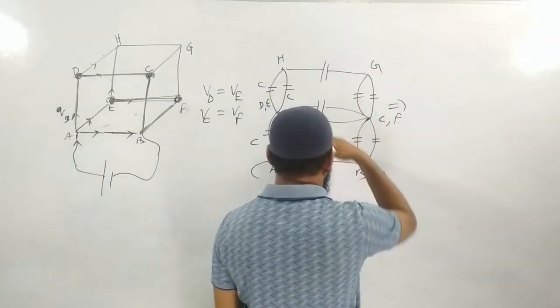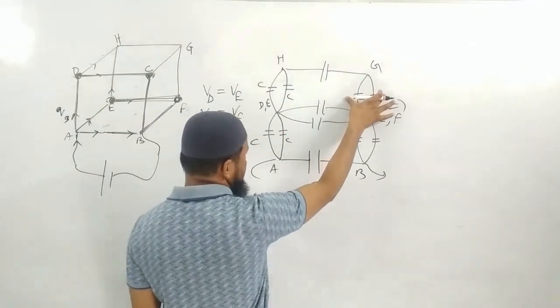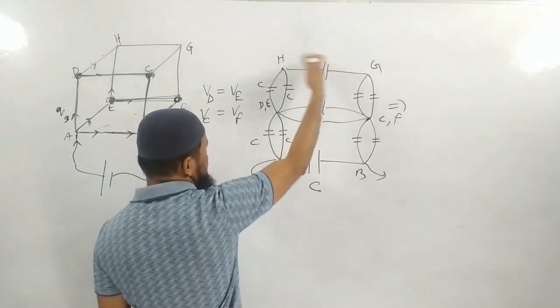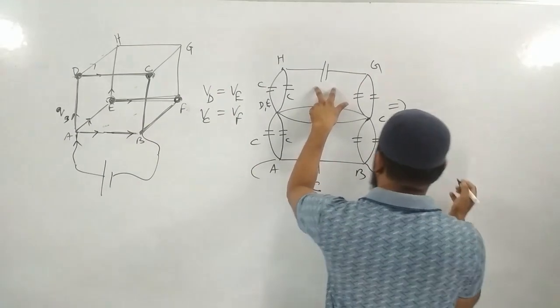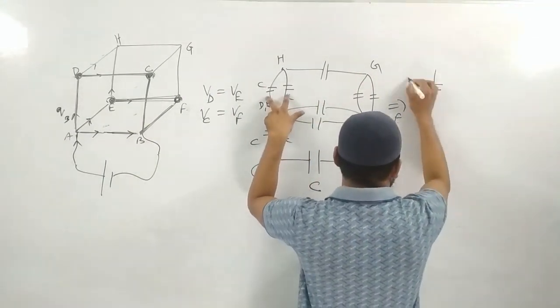So let me take it there. Twice C and C in parallel, twice C. And these three are in series. You find the equivalent of these three. How much will you get? C by 2. Let me do it once again.